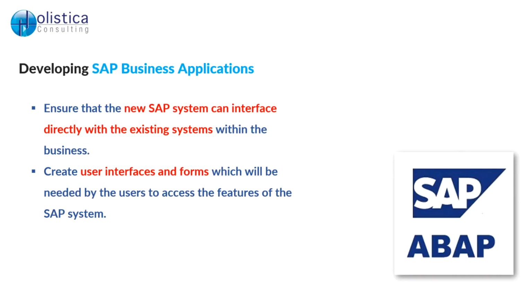They'll also ensure that the new SAP system can interface directly with the existing systems that are in the business. Of course, they'll create user interfaces and forms which will be needed by the users to access the features of the SAP system. So they'll have a graphical user interface element to them. So their role is to tweak and customize the existing technical modules using languages and tools.